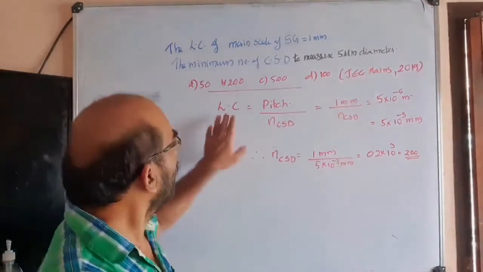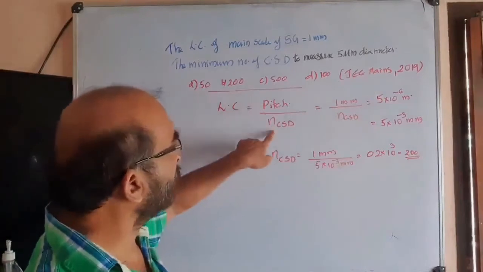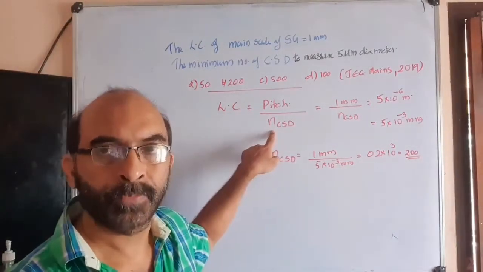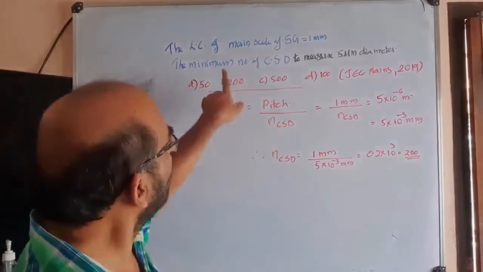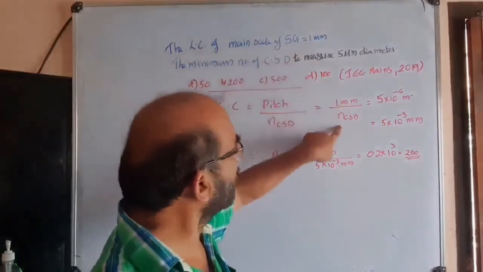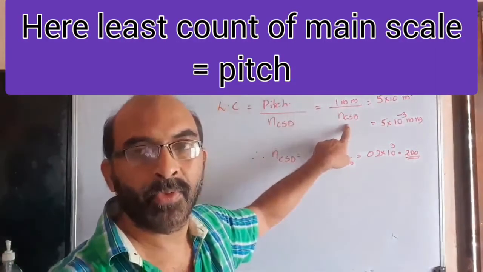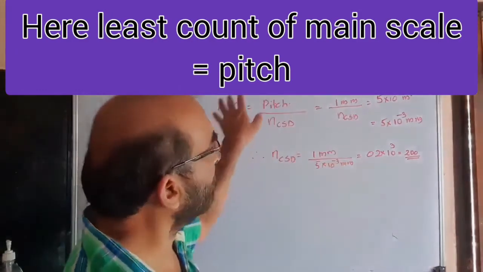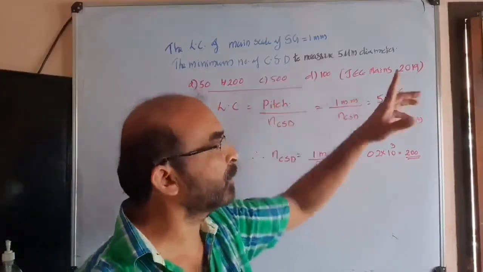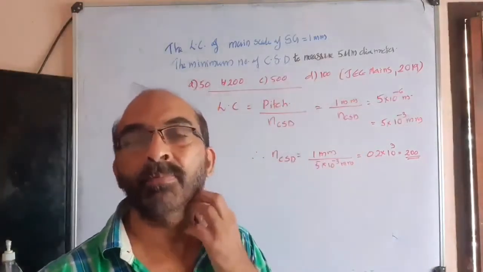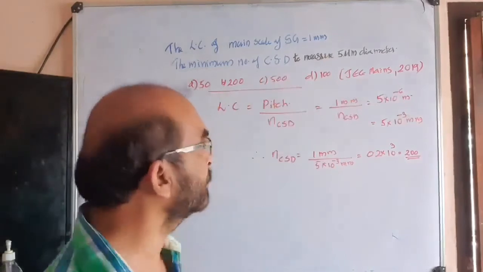Least count is pitch divided by number of circular scale divisions. Pitch is 1 millimeter. The least count, the minimum measurement value, is 5 into 10 to the minus 6 meter, that is 5 micrometer.